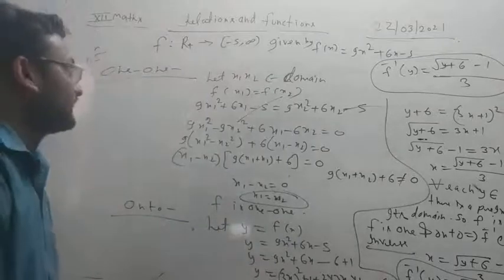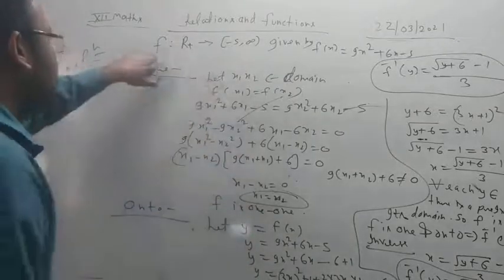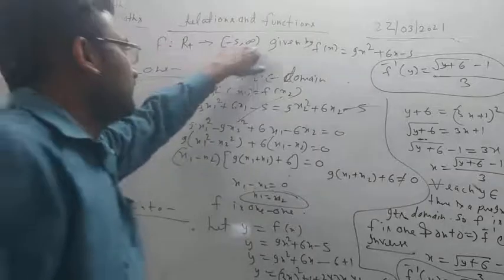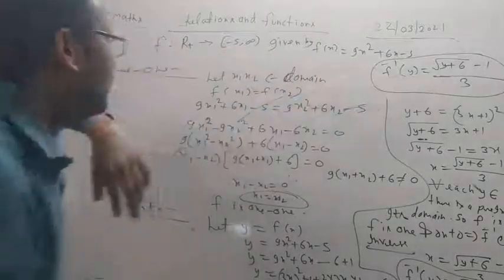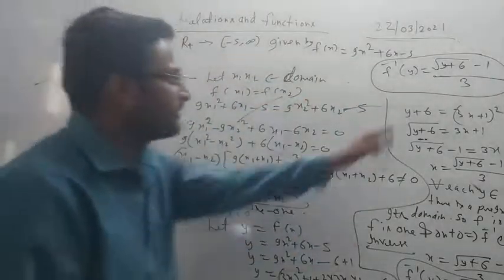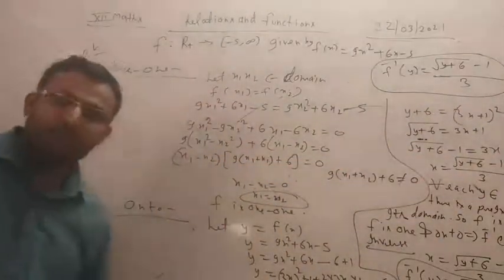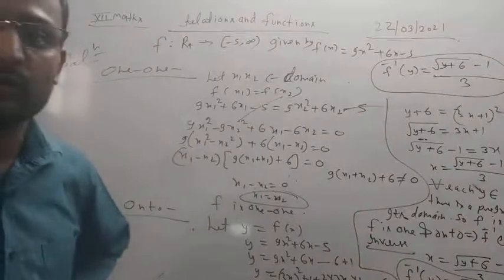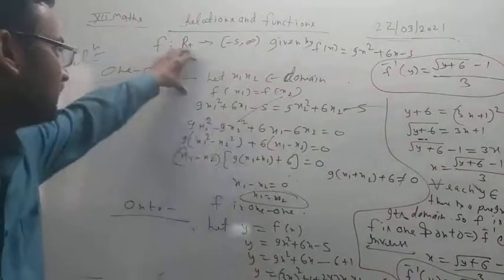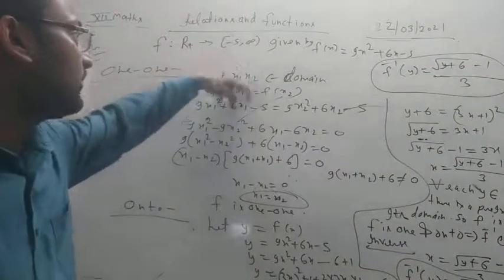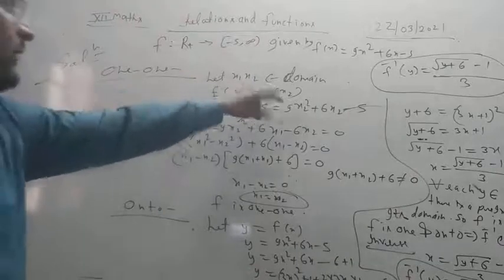So let's see once again students, our question is a function from R plus 0 to this given by f(x) is equal to this, and its inverse will be this. So for proving its inverse, students, we first prove that this is 1-1 and onto. For 1-1 we have taken two elements of the domain and taken f(x1) is equal to f(x2).